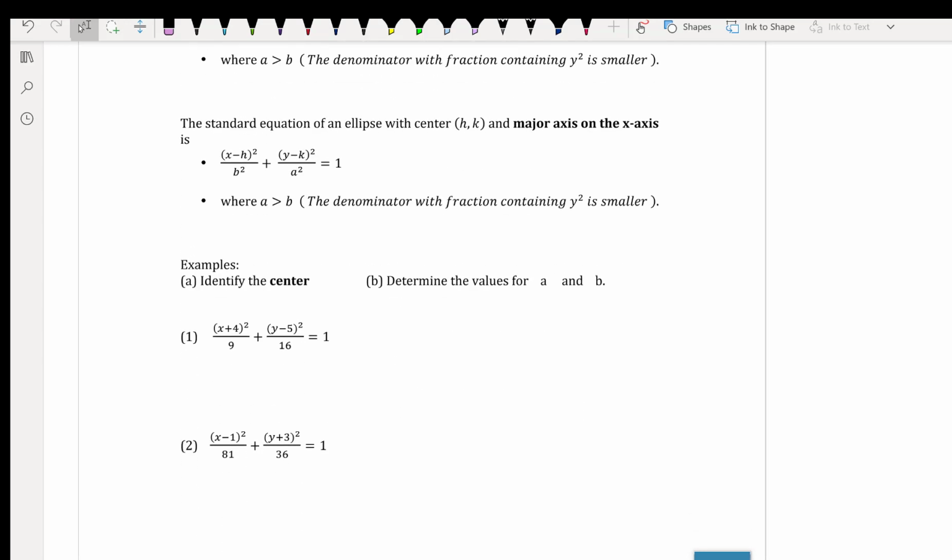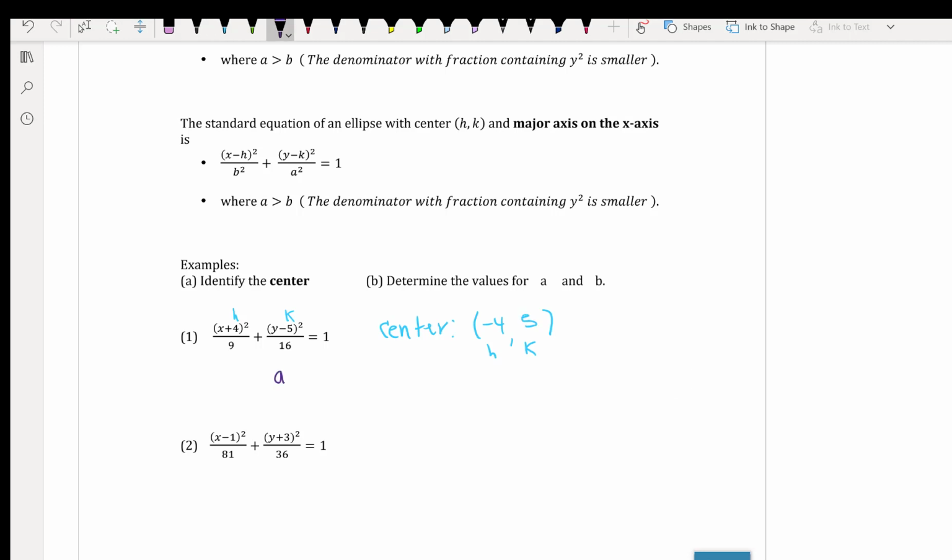So here we want to identify the center. So you're just like, okay, my center, I know that to be the variables h and k. So my center for my h value is a -4, and the value for k for my center is going to be a +5.